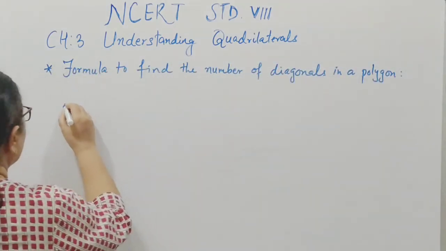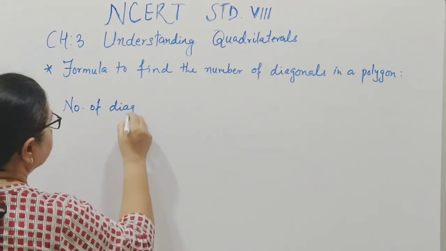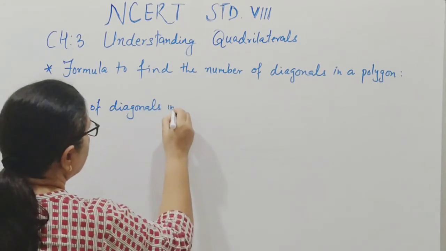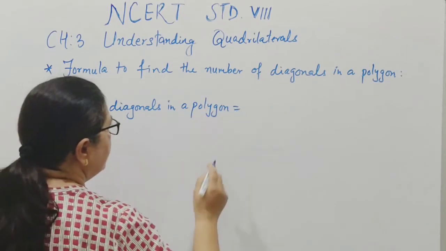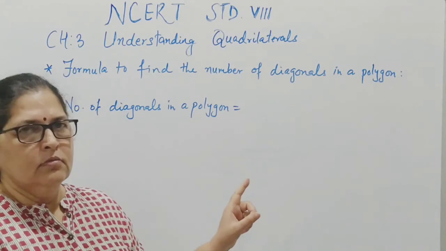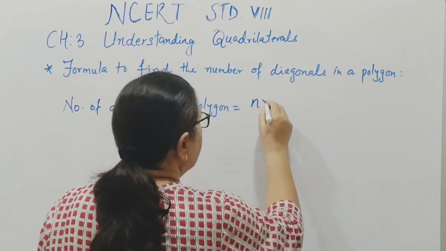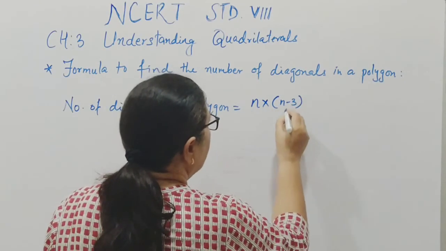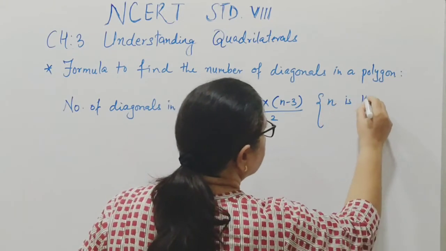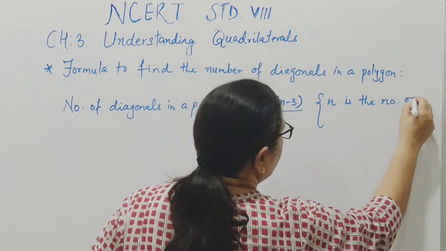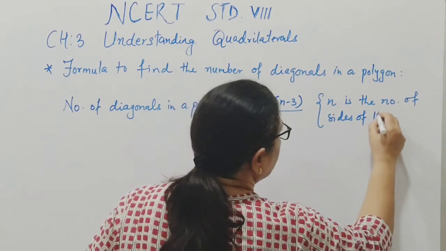Therefore, the number of diagonals in a polygon is given by: if a polygon has n sides, then the formula is n(n minus 3)/2, where n is the number of sides of the polygon.